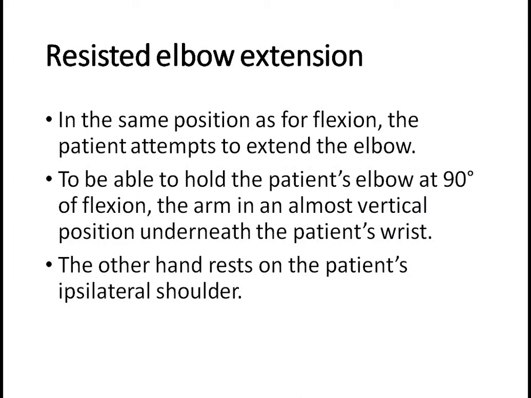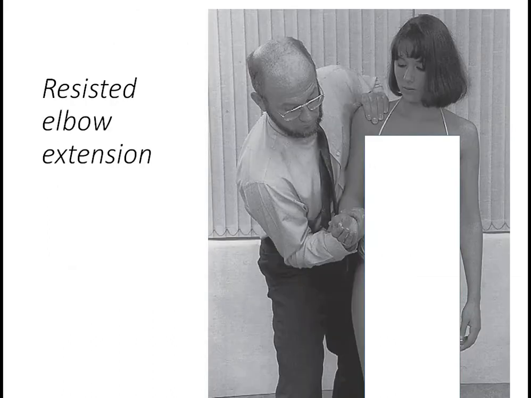Similarly, in the resisted elbow extension, the same position would be as it was for the resisted elbow flexion. The patient will attempt to extend the elbow while the therapist holds the patient's elbow at 90 degree of flexion. The arm is in almost vertical position underneath the patient's wrist. So it means that the therapist will be on the iliac crest or on the top of the thigh.